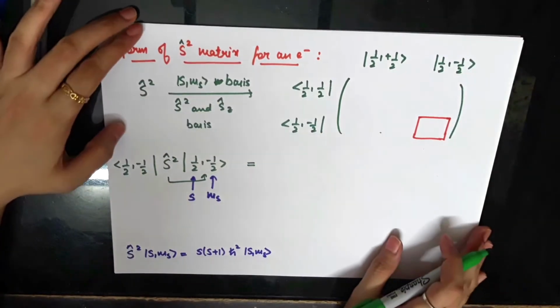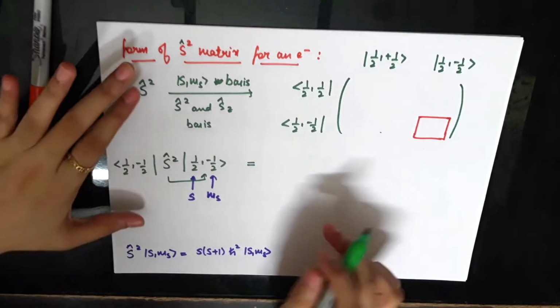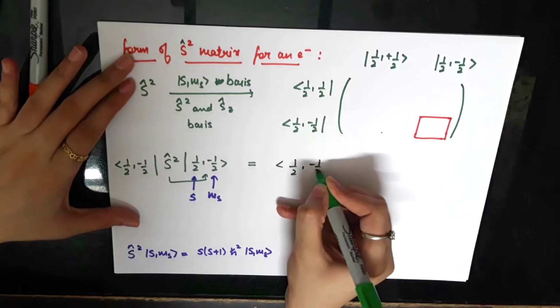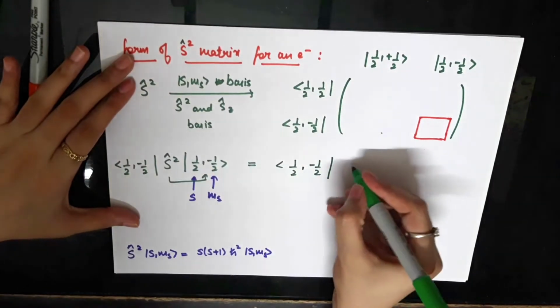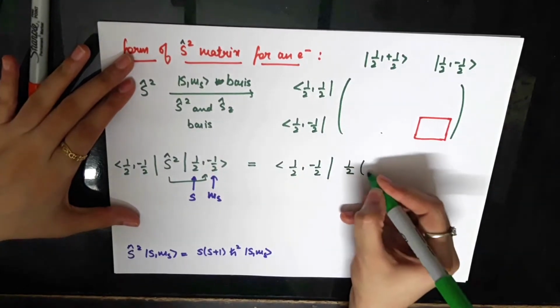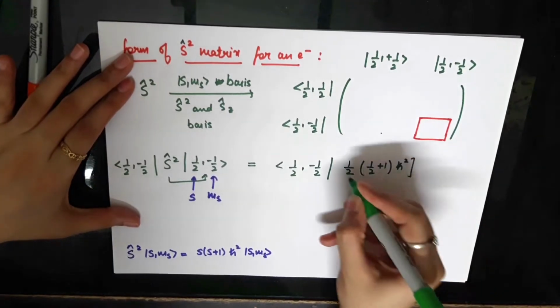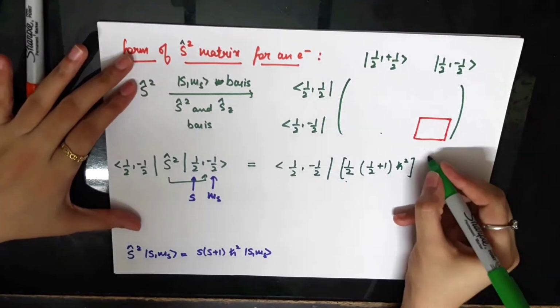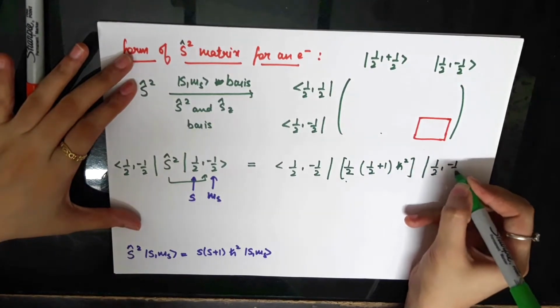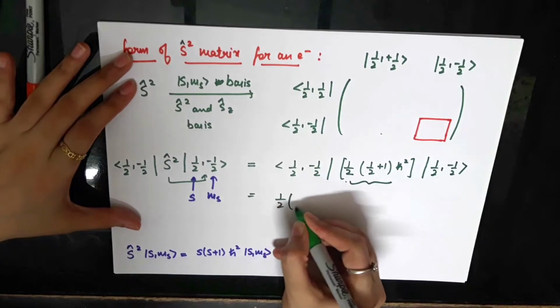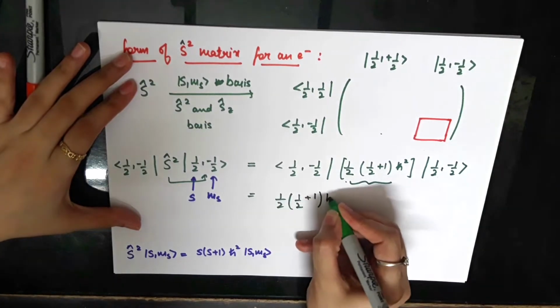Coming back to our computation, now I can see how it acts on this ket. The S value is half here, so the eigenvalue is half into half plus 1 h bar squared, S into S plus 1, and the same ket again. Because this is a constant, this whole thing comes out of the inner product.